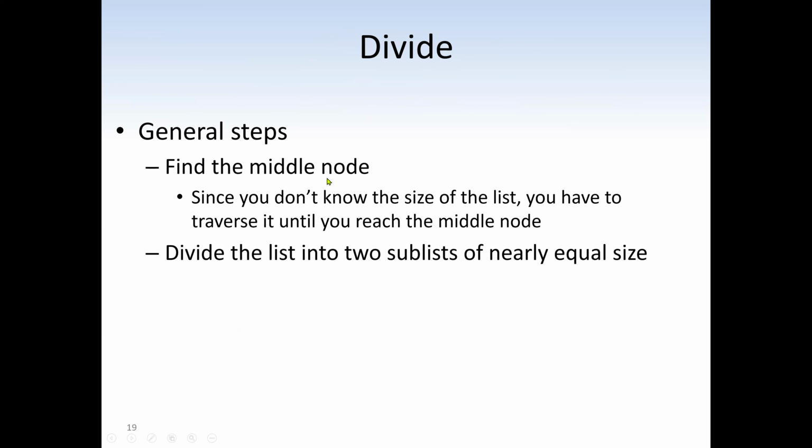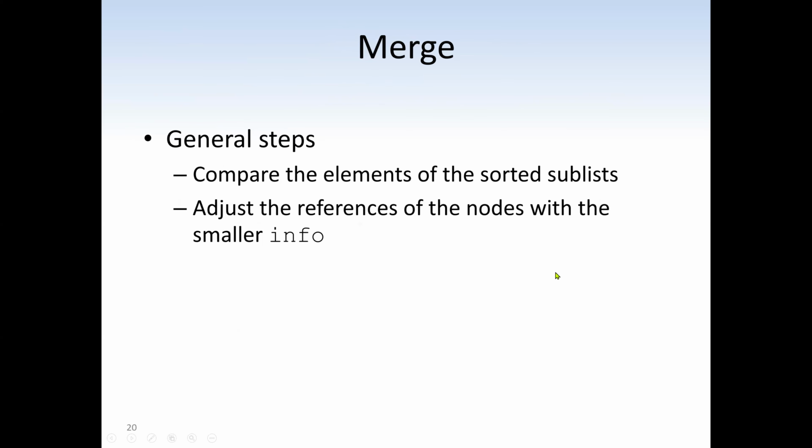So we find the middle node, and all the items to the left are lower than the middle, and the items to the right are higher than the middle. Since you don't know the size of the list, you have to traverse it until you reach the middle node. Now divide the list into two sublists of nearly equal size. Then compare the elements of the two sorted sublists, and we adjust the references of the node with the smaller info.